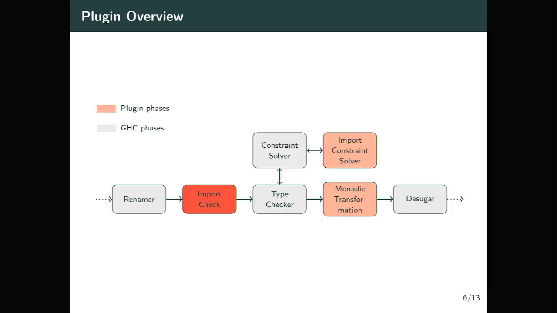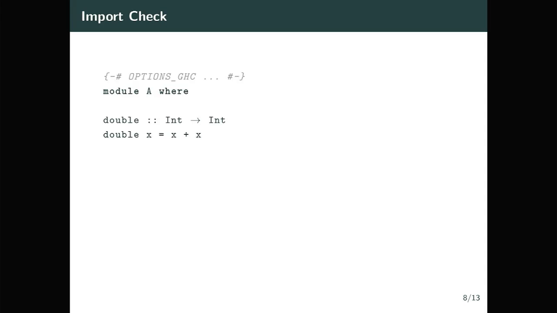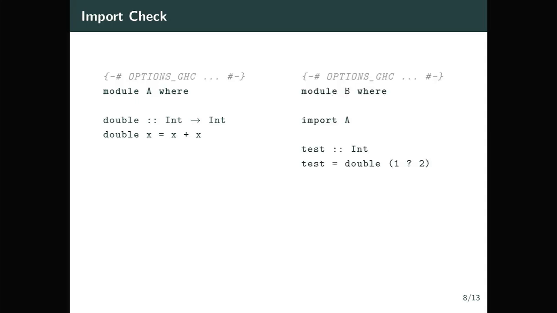So what about the other orange rectangles here? We have this import check plugin. It's very simple. Why do we need that? Consider a module A where we have defined the double function, and a second module where we have the test expression from before. And this module B imports module A. In order to be working, we need double to be able to work with non-deterministic values.